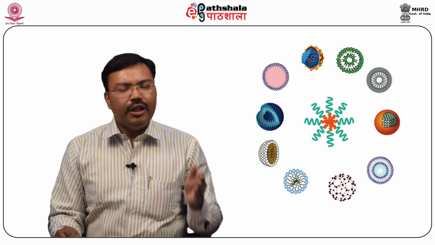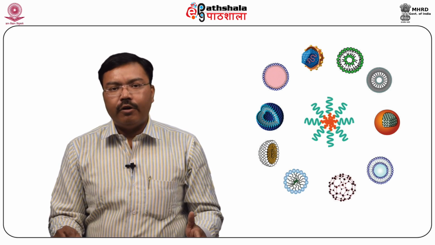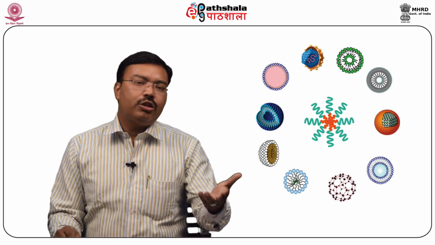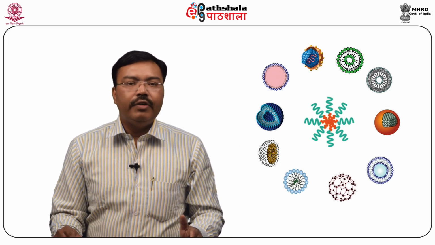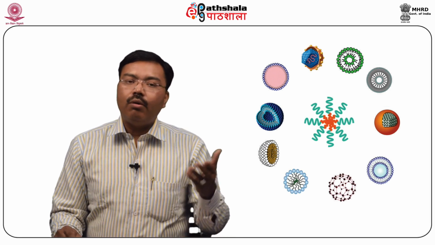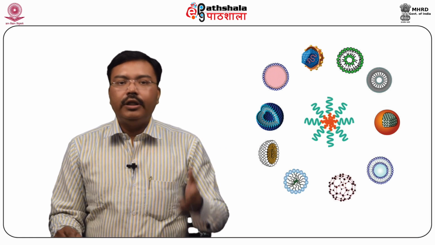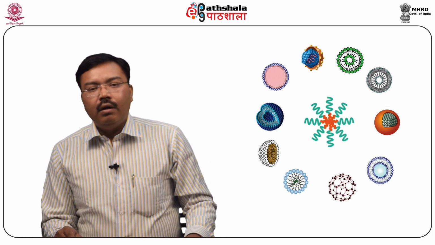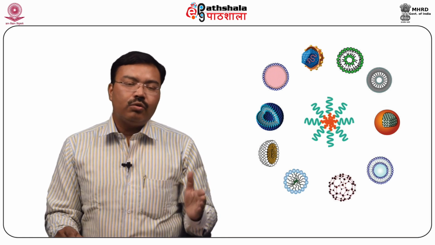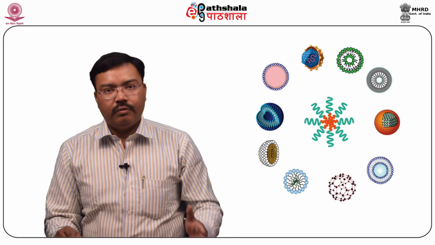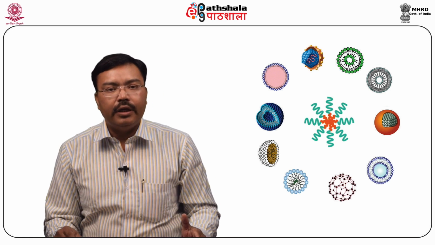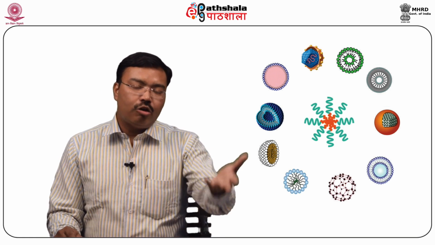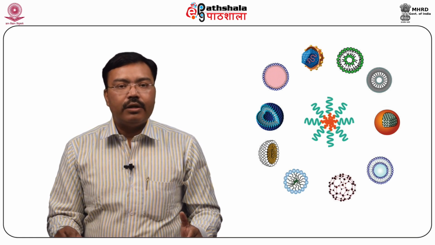Initially it was developed for the visualization of living cells, microorganisms, and thin tissue slices, but now we are also extending this technique to visualize the droplet size of a microemulsion.